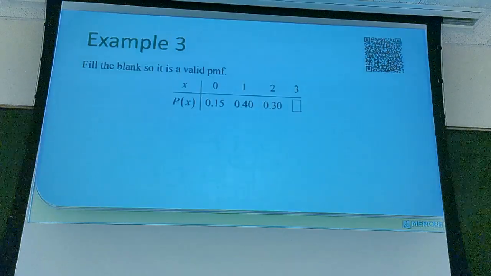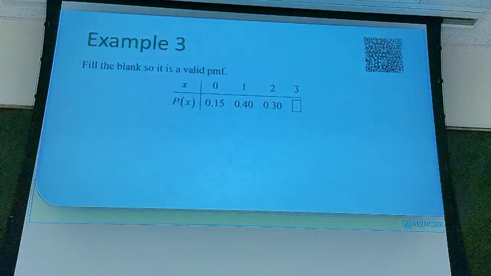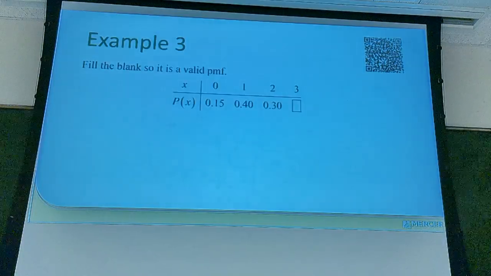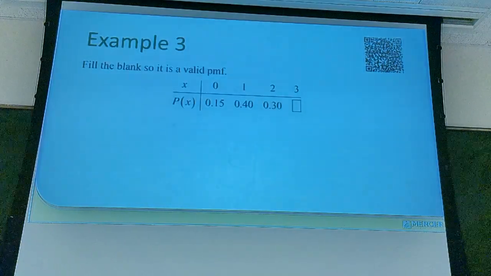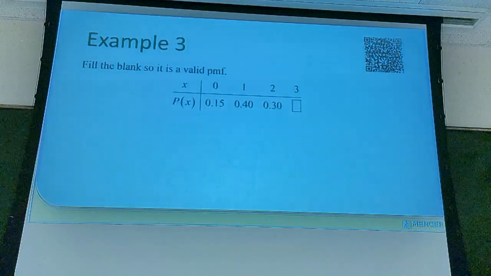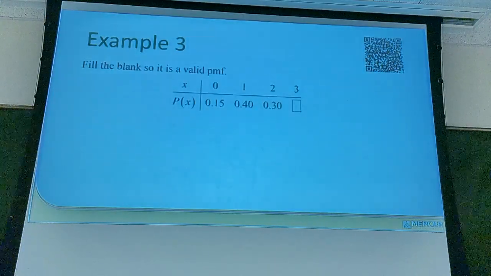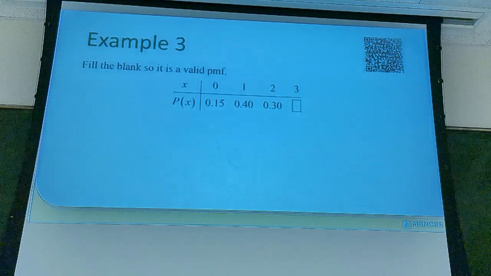Fill in the blank so that it is a valid distribution. So PMF is typically used to represent a probability function. There are two things that we have to know about it.